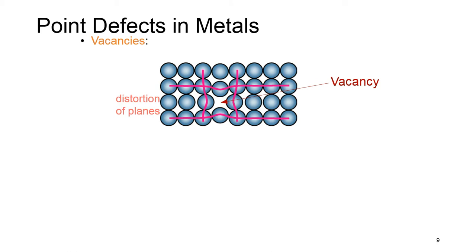Vacancy is when atoms solidify in a crystal, but they leave some vacant area between them. This results in distortion of planes, as you can see in the distortion of the pink lines, which are part of different planes here.